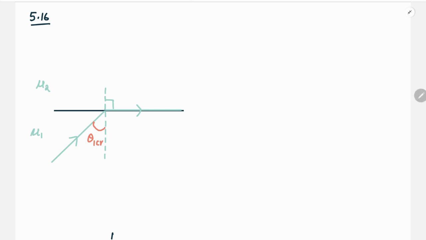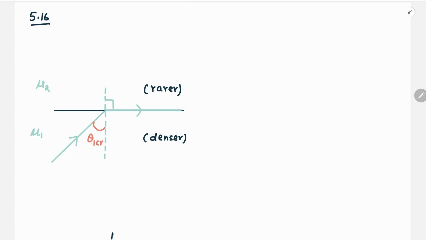The ray of light is going from a denser medium to a rarer medium, and the first part given to us is the critical angle which the problem has stated.